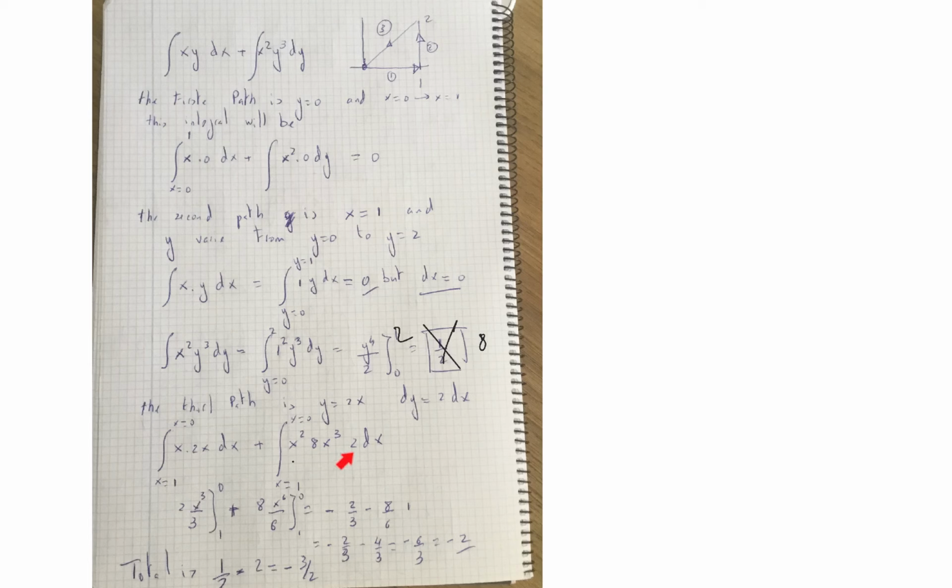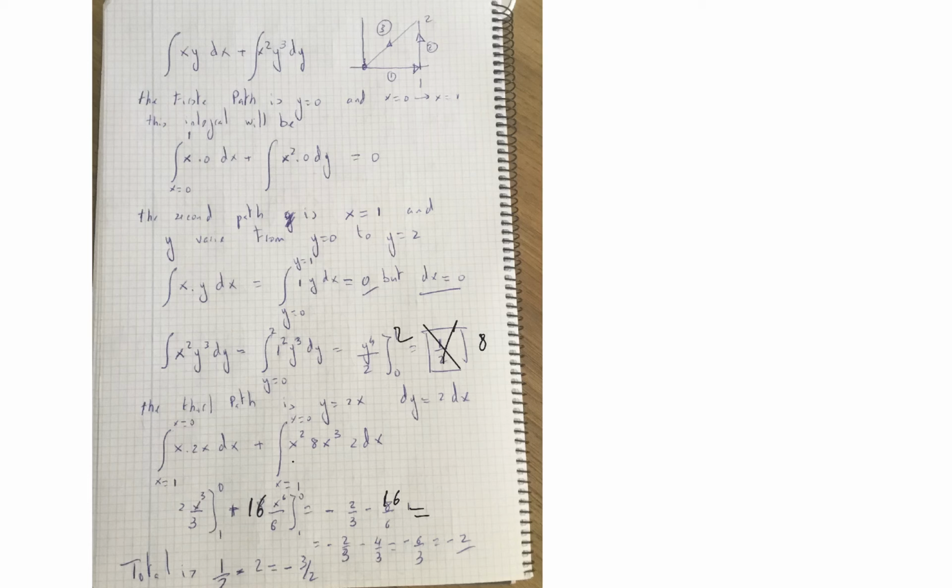I forgot this 2, so let me check it again, x to the 5 is x to the 6 divided by 6, and here will appear as 16. Okay, so the first integral will be minus 2/3, and the second integral will be minus 16 divided by 6.